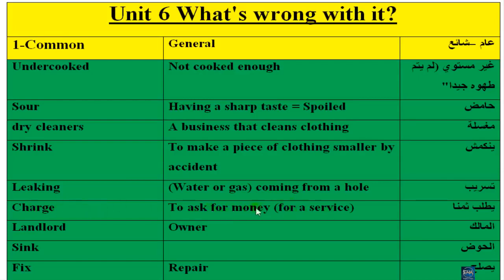Charge, to ask for money for a service. This verb, of course, here, ask. British, American, ask. And this is silent all the time, to ask for money. Landlord, owner. American, British, owner.